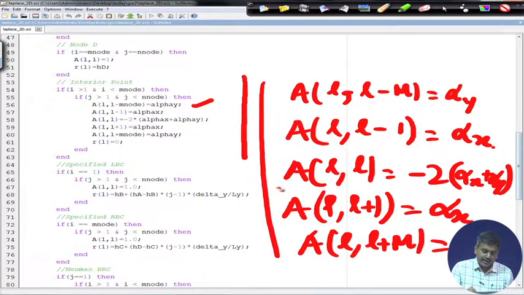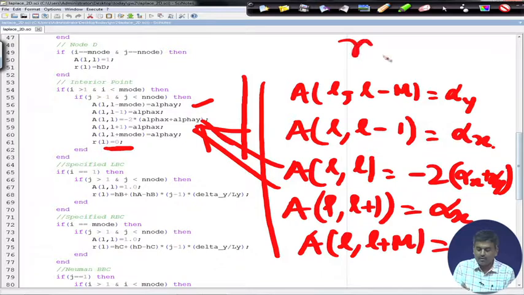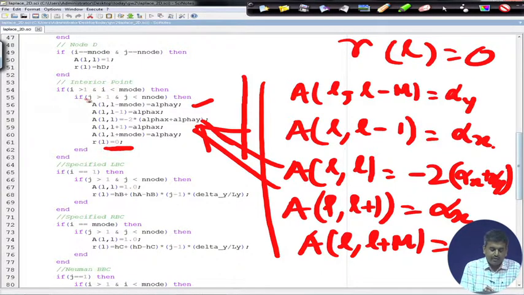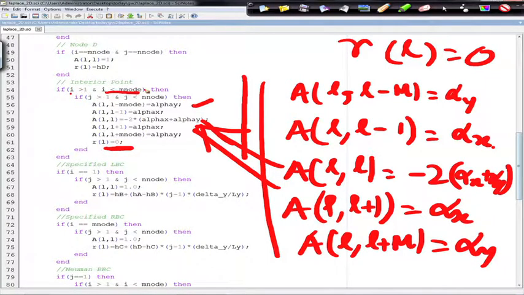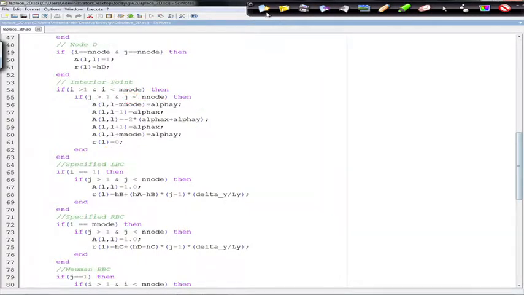We can directly put it here, and the right hand side R L equals 0 for all interior nodes, with i greater than 1 and less than M, and j greater than 1 and less than n. So, we can define all the nodes here.